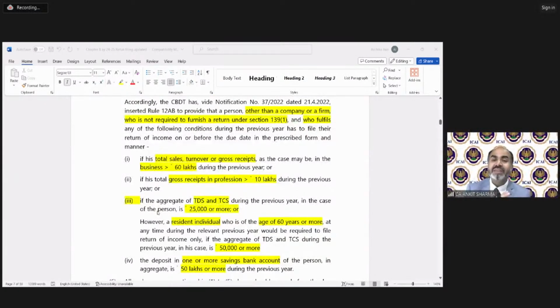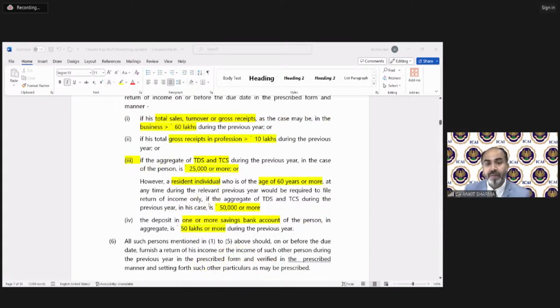If your TDS or TCS deducted is 25,000 or more, you have to file an income tax return. And if you are a resident senior citizen, in that case this 25,000 will be replaced by a 50,000 limit. Or if you are maintaining one or more savings accounts and you deposit 50 lakhs or more during the previous year, then again you have to file an income tax return.